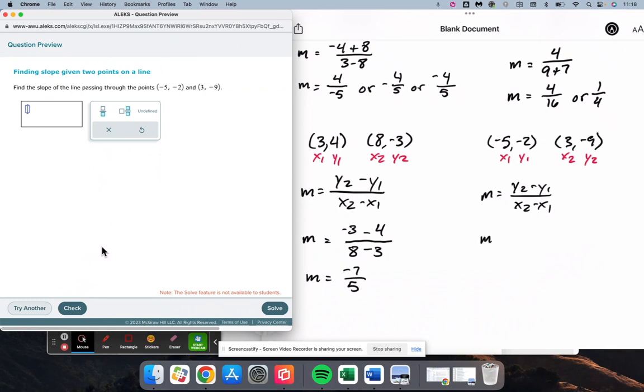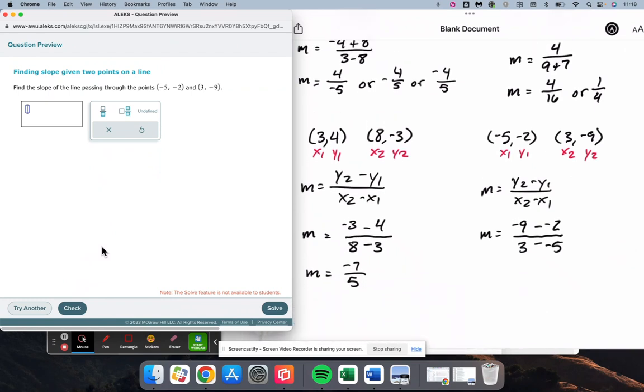Our slope. Put the minus sign in the template first so we don't forget. y2 is negative 9, y1 is negative 2. x2 is 3, x1 is negative 5. Got quite a lot of signs to clean up. So m is equal to negative 9 plus 2 over 3 plus 5. So negative 9 plus 2 is negative 7. 3 plus 5 is 8. So negative 7 over 8.